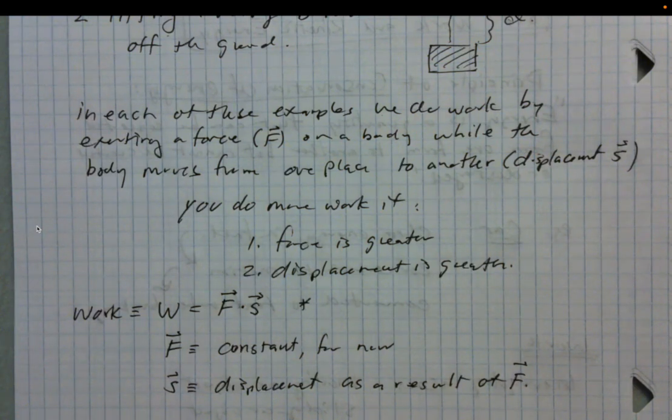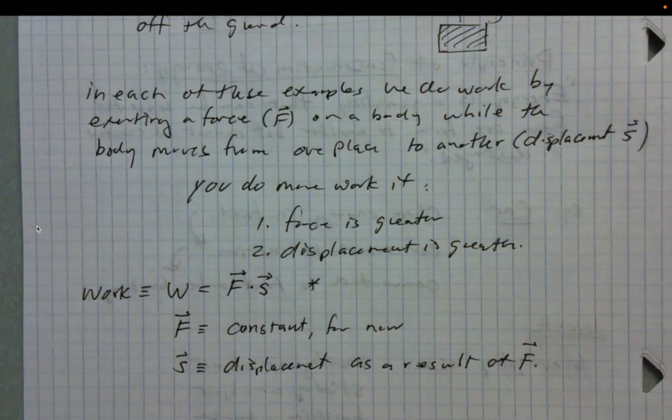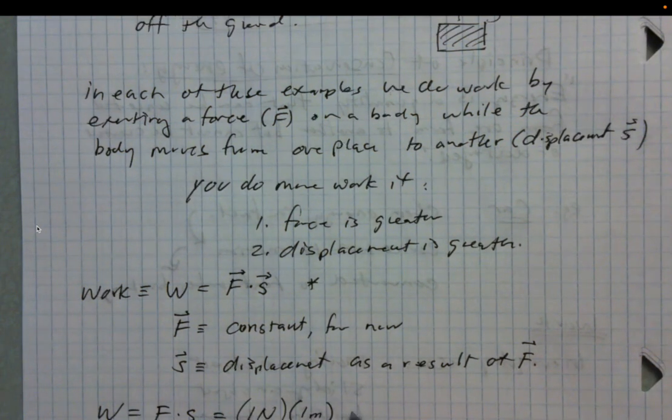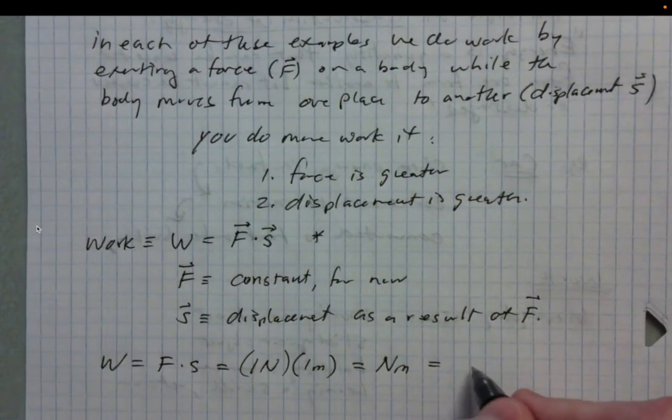Okay, now what are the units for work? Well, if work is equal to force times displacement, we know that force is in newtons, and displacement is in meters. So this is what's called Newton meters. Another name for that is joules.